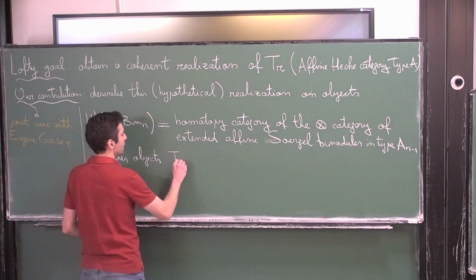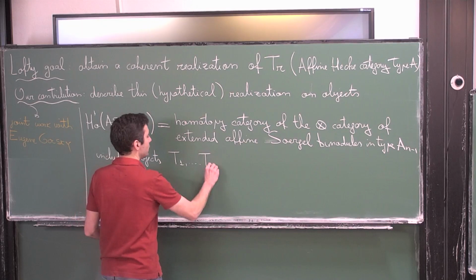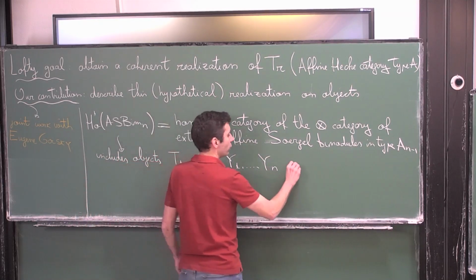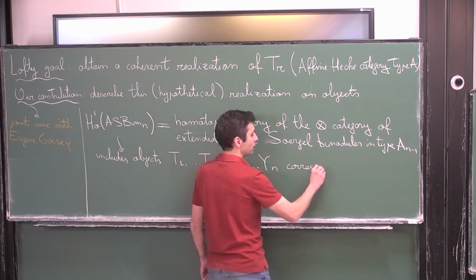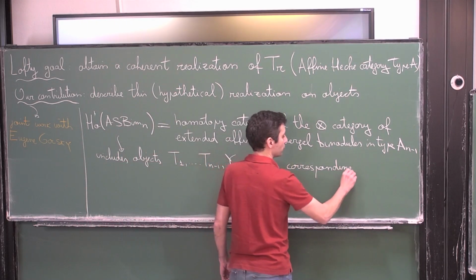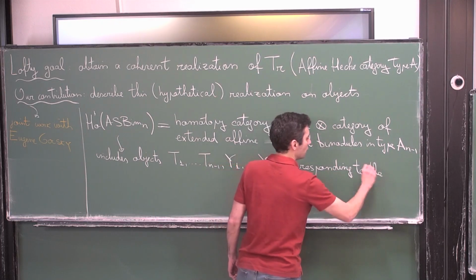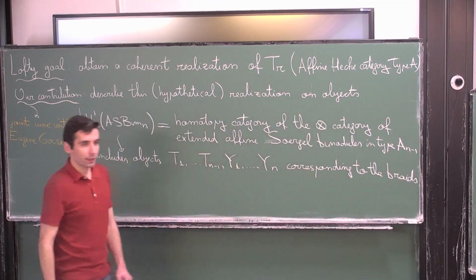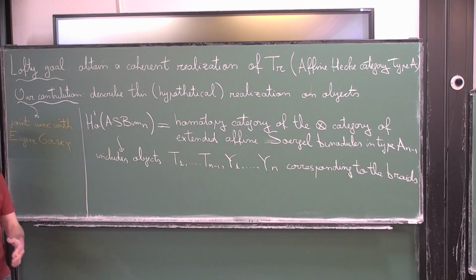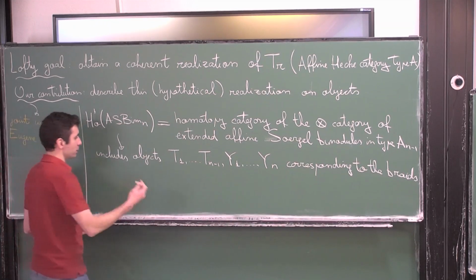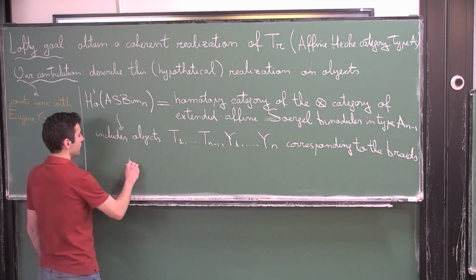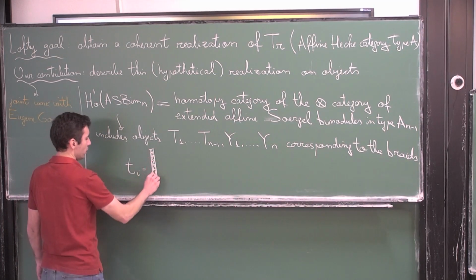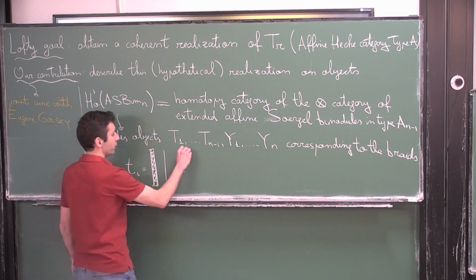It includes objects T_1, ..., T_{n-1}, Y_1, ..., Y_n, which correspond to the following braids. So I'll draw the braids for you. Now these are affine braids. These are affine braids on n strands, so therefore they will be represented by n strands and a pole, and going around the pole matters. So T_i is this n strand braid with a pole, so the one that everybody knows and loves.